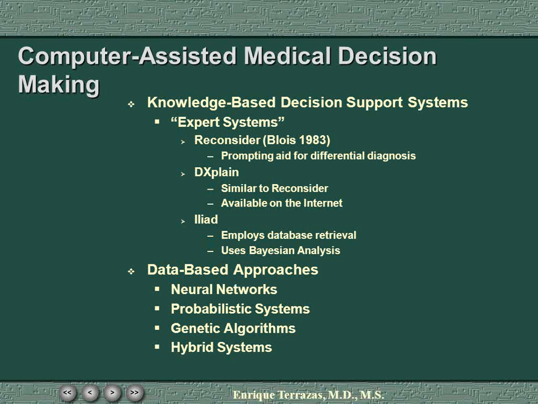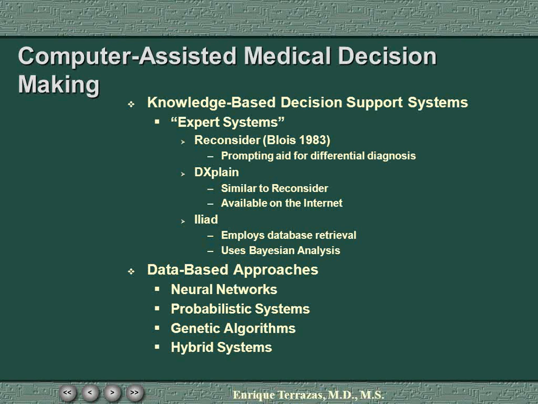Computer-assisted medical decision-making. So why actually go into this at all? It doesn't impact pathology that much, but unfortunately it has appeared on boards. So at least the American Board of Pathology thought it was somewhat important. Computer-assisted medical decision-making can fall under various categories, but there are two big categories.